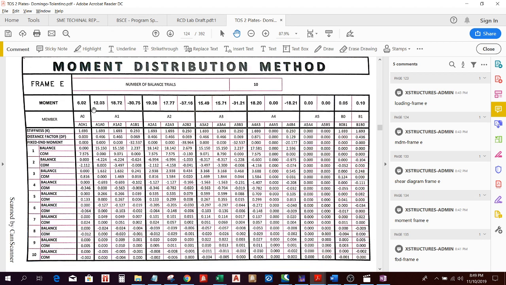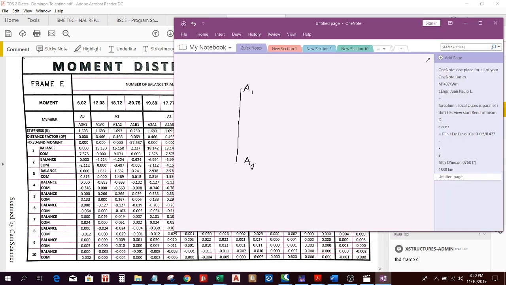Now you need to plot this in the FBD or free body diagram. So 6.02, 12.03. For our convention, you need to show the arrow, this one. So this is 6.02, while A1 going to A naught is 12.03.